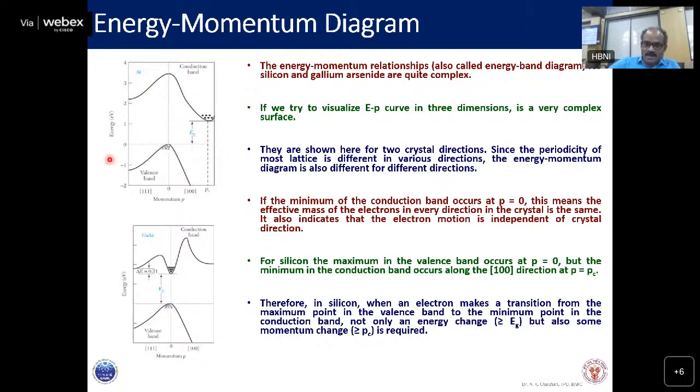So these kinds of materials are called indirect band gap materials. However, in gallium arsenide, the p value is 0, so the transition can take place at p equal to 0, from the top of the valence band to the bottom of the conduction band.